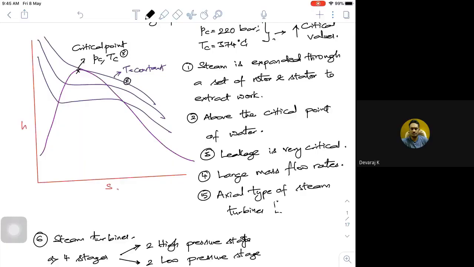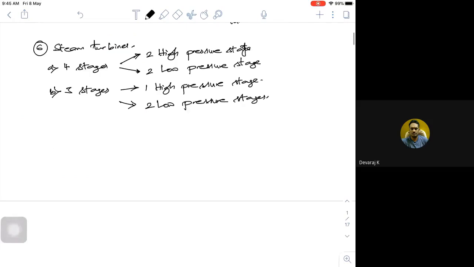Now, let us look at the classification or types of steam turbines.